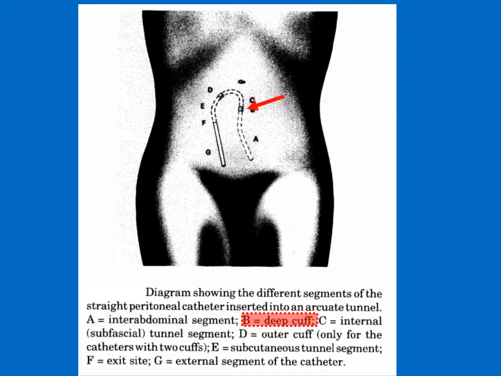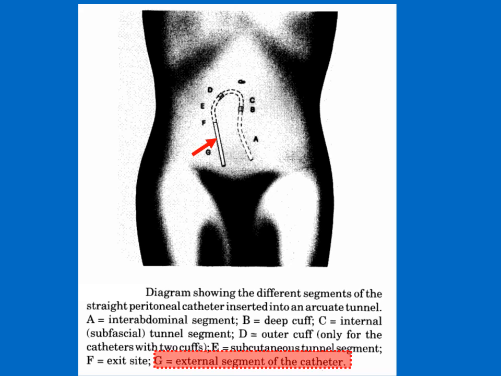Then we have the deep cuff. Then we have the internal subcutaneous subfascial tunnel segment. Then we have the outer cuff, which is still subcutaneous. Then we still have the subcutaneous tunnel. Then we have the exit site from which the catheter leaves the body.